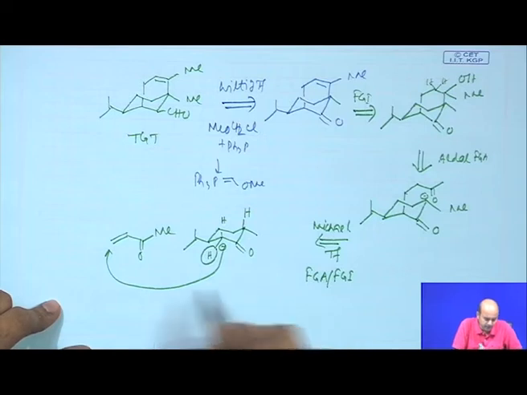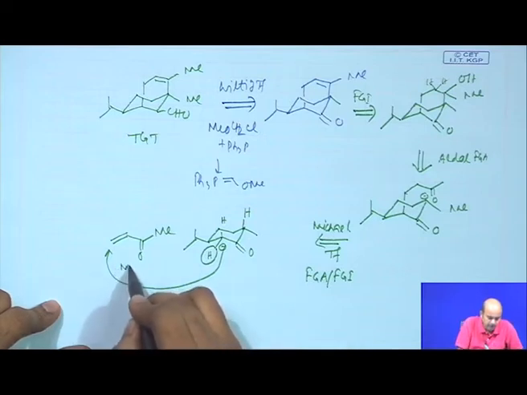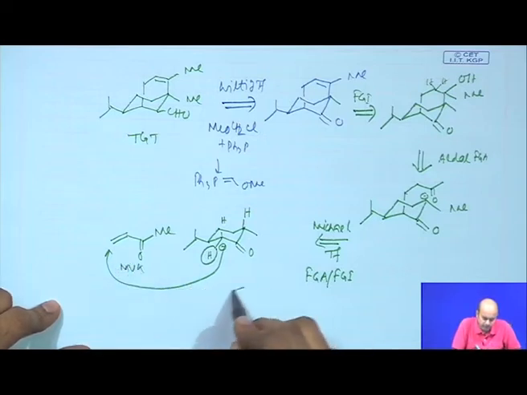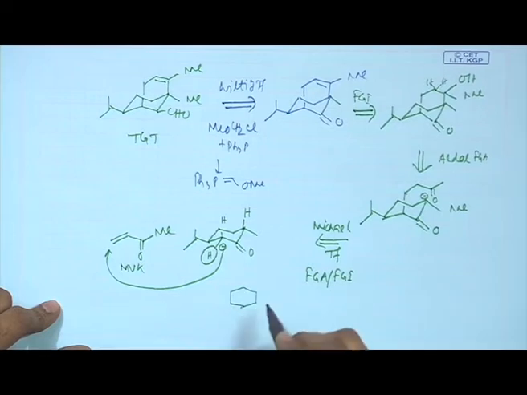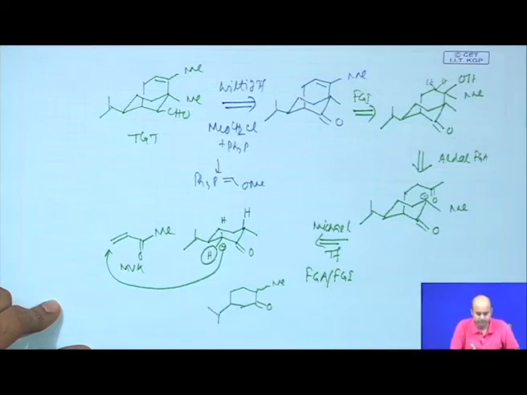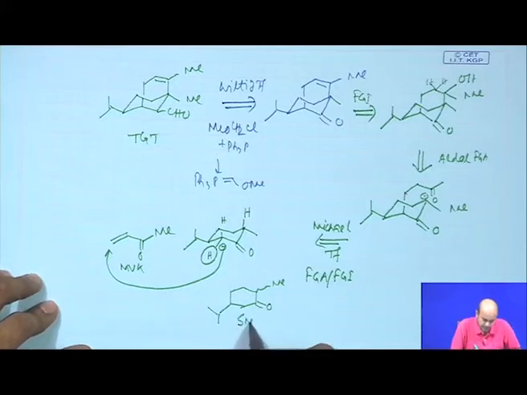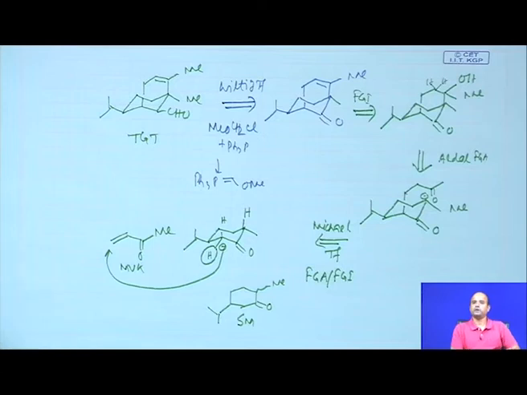To simplify it, starting materials like methyl vinyl ketone, and you can try to write out the starting material, which is again simple, that methyl and an isopropyl group. So, this is the starting material which you can use in combination, and then you can get a target molecule something like this.